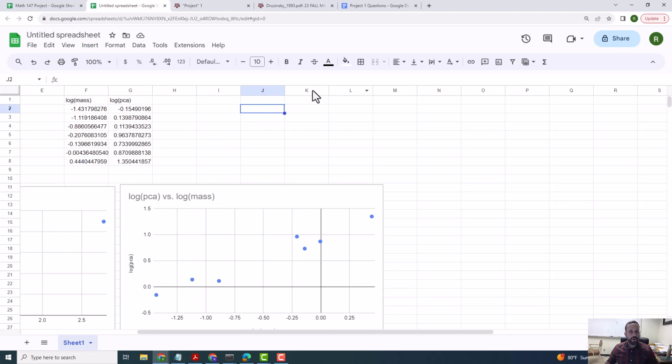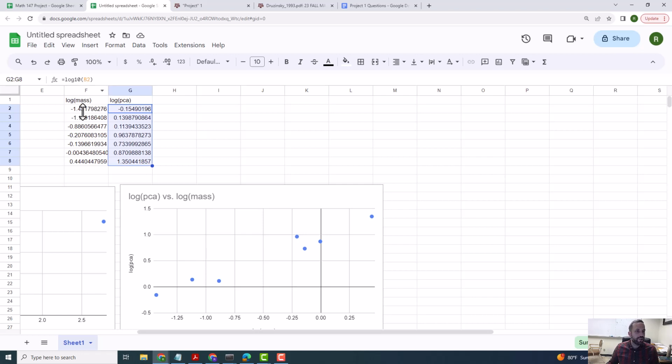Okay, so now these two columns here give data that are linear. In other words, the input variable is the log of the mass, and the output variable is the log of the cross-sectional area of the jaw abductor musculature.